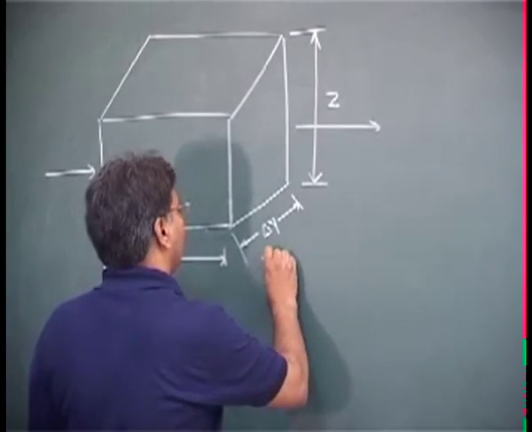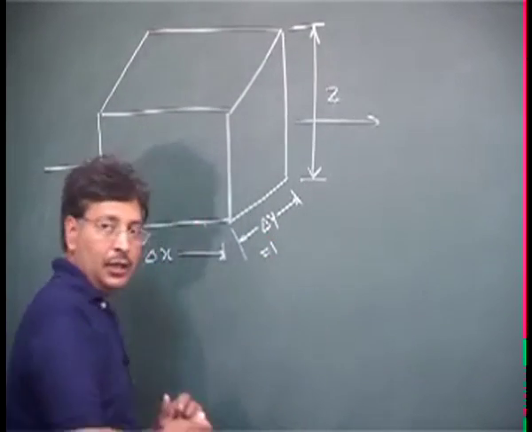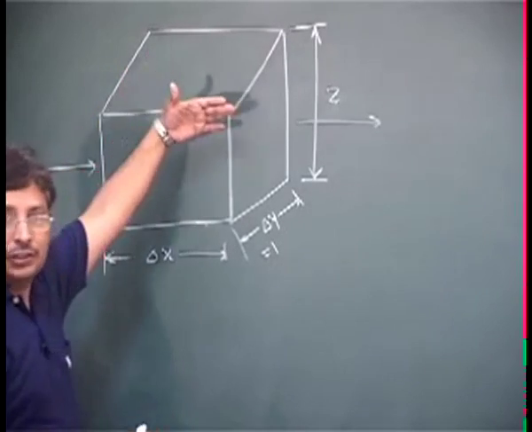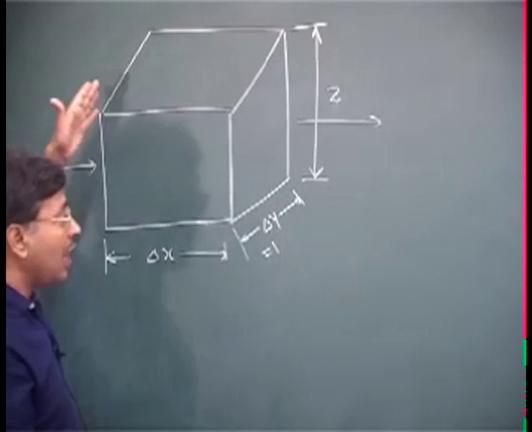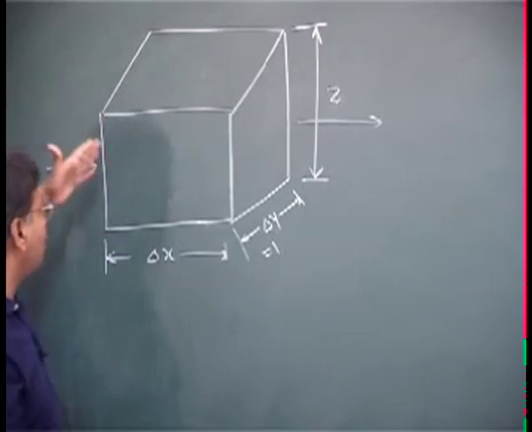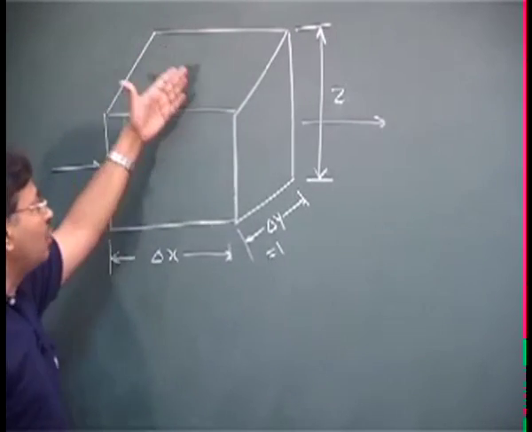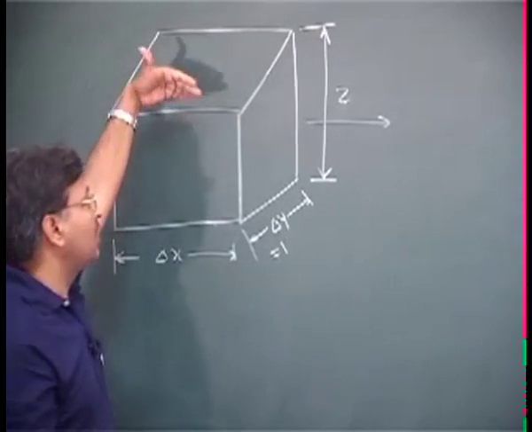And delta y, I assume this to be unity because I can have many boxes, and if things are similar, so the condition across, in the crosswind direction, it will always be the same.